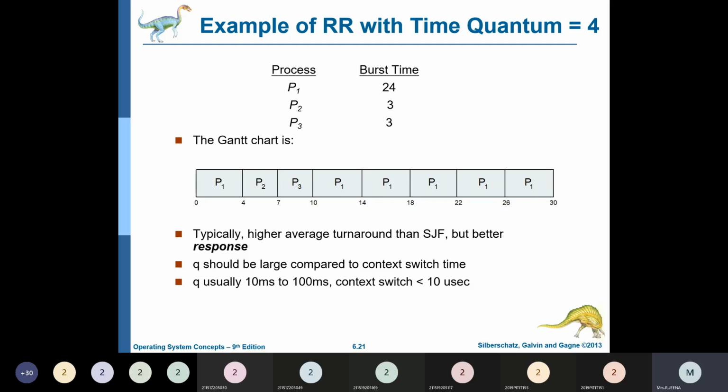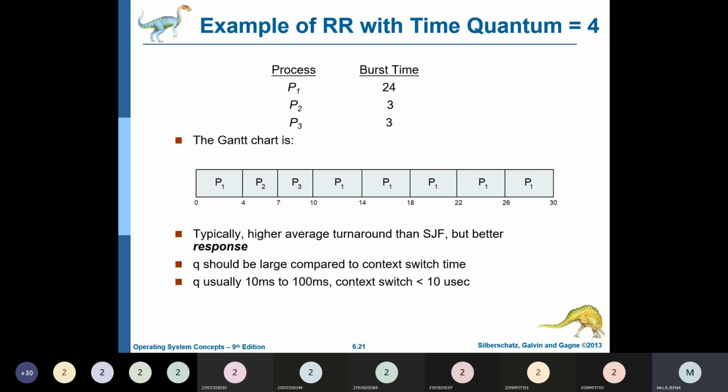Now again only P1 is going to come, because P2 and P3 are completed and only P1 is in the ready queue. P1 comes continuously, but with the time quantum of 4 milliseconds, which is why it is divided and not run at a stretch.